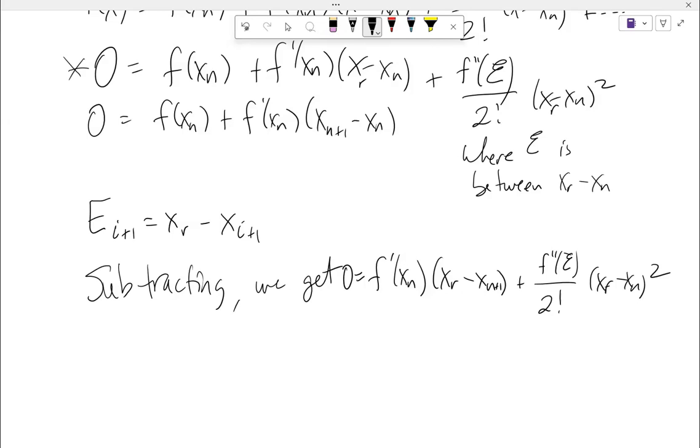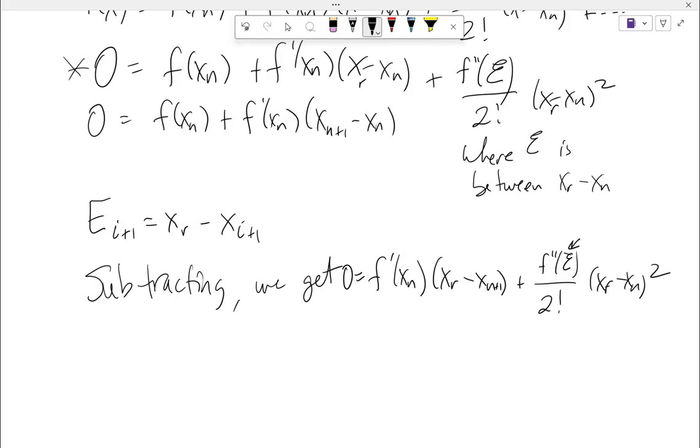So let's solve for the error in the n plus first in terms of the error for the n. Okay? Well, notice that I've got this x sub c guy here, right? Now that x sub c guy is close to x of n, and it's also close to x of r, correct? And the idea is that if we're also converging, the x of n plus 1 should also be close to x of r. In particular, both of these, the x sub c and the x of n, should be close to x of r, right?